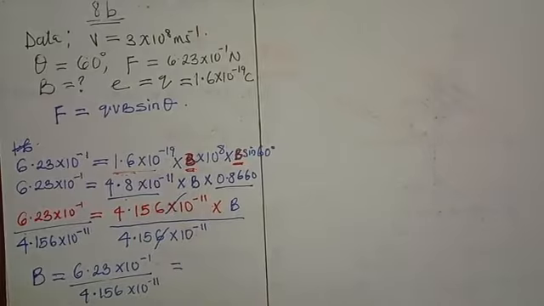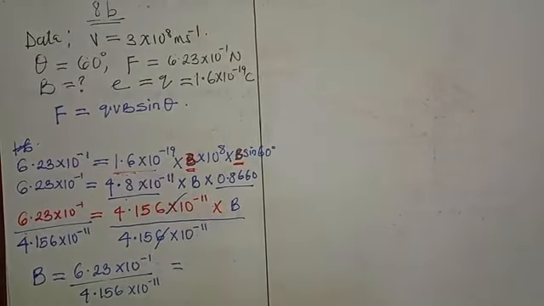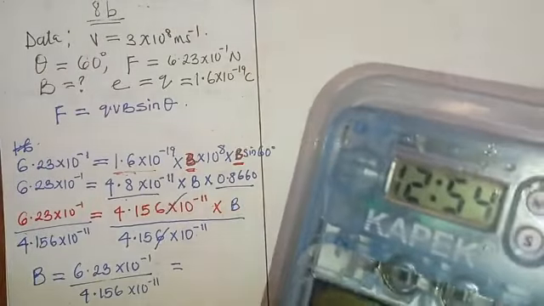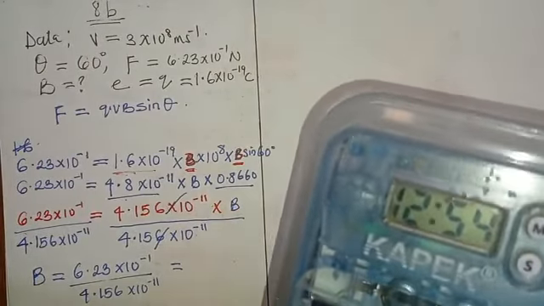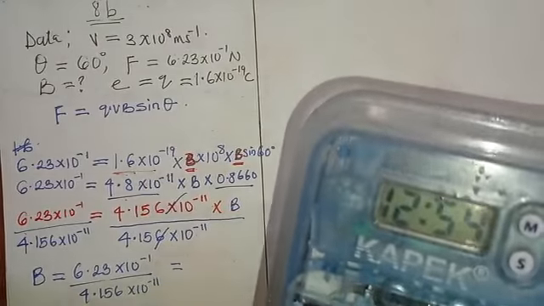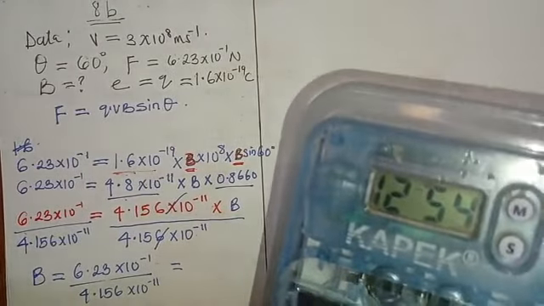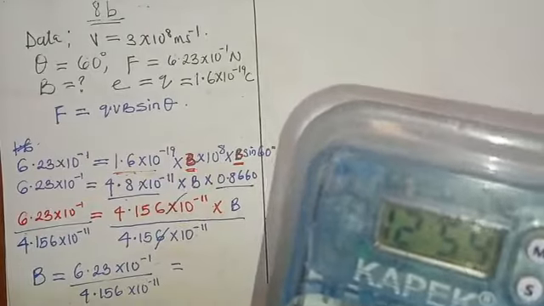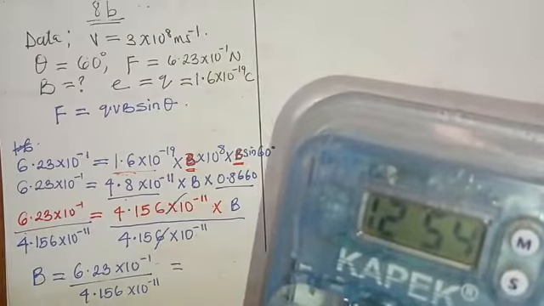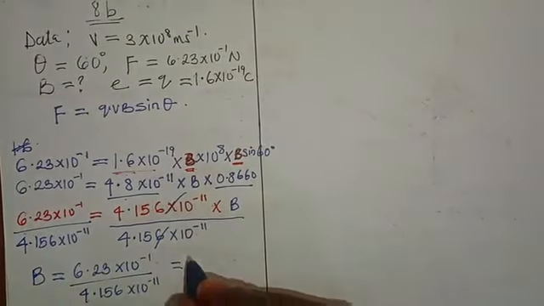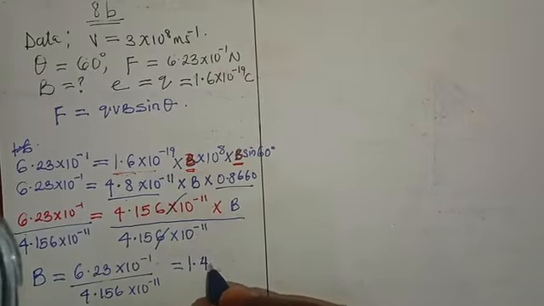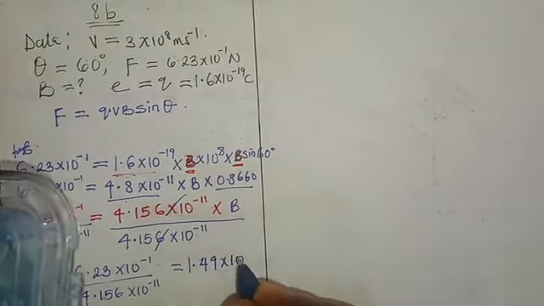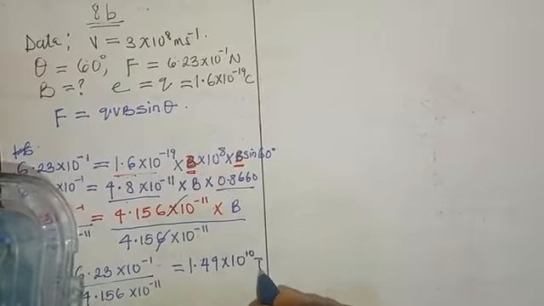So then you can quickly divide this 6.23 exponential minus 1 divided by 4.156 exponential minus 11. So you have it to be 1.49 times 10 raised to power 10 Tesla.